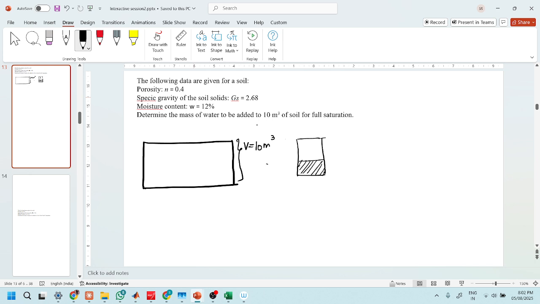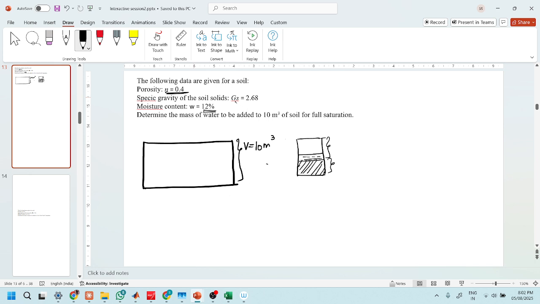Because the water content is 12%, that means there is already some water filled in the voids. So the question is asking us, we have been given the porosity, so we will know the volume of voids with respect to the volume of solids.